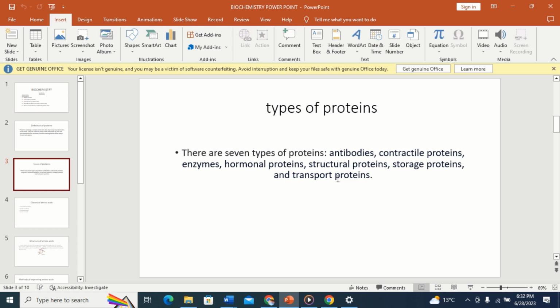Then we also have structural proteins. Like in our cell membrane, we have a type of protein combined with carbohydrates, and these are the glycoproteins. Then we have storage proteins and transport proteins. So we classify the proteins based on the functions that they perform in our body cells and tissues.